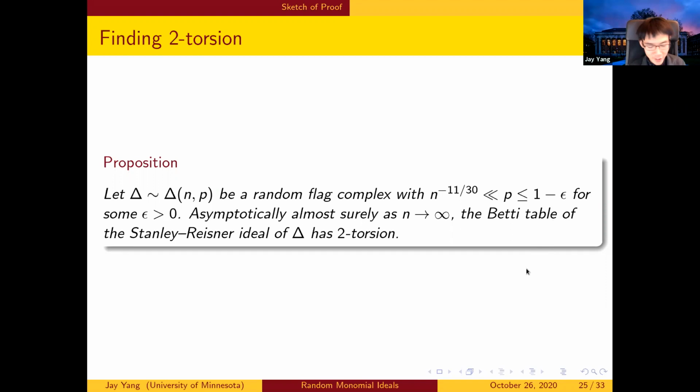It's different in characteristic 2 than it is in characteristic 0, because there are induced subcomplexes that have the same homology as RP2. In fact, they're the same as RP2 in some sense.